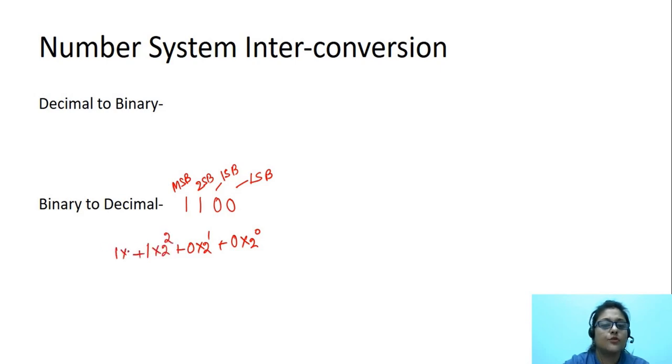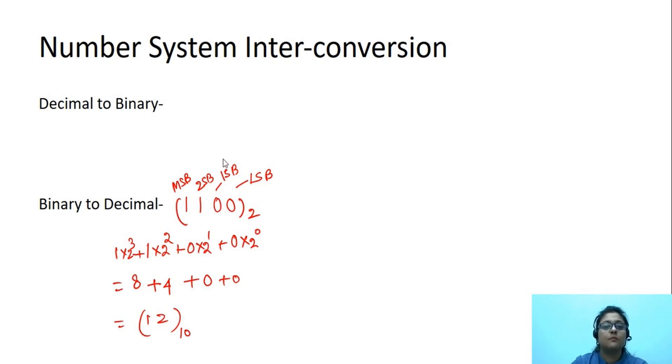And 1 into 2 to the power 3. So basically it will be 8 plus 4 plus 0 plus 0. So it is 12. So binary number 1100, base 2, is basically 12 in a decimal number system, which is a base 10 number system.